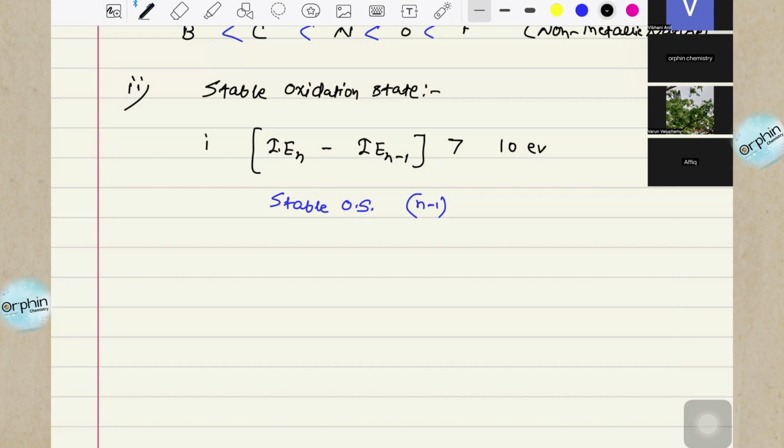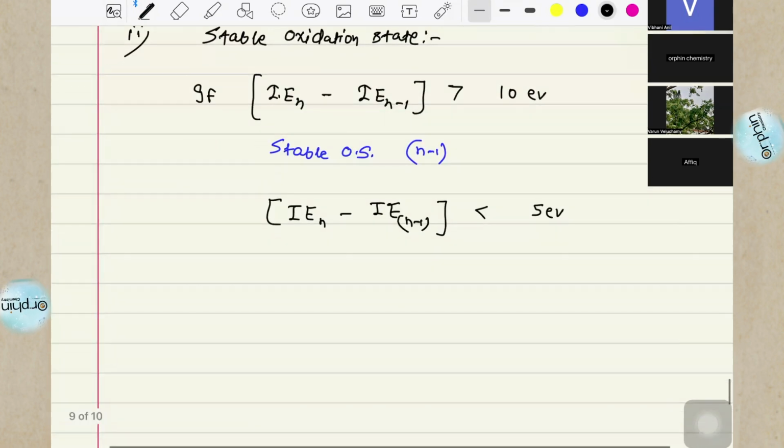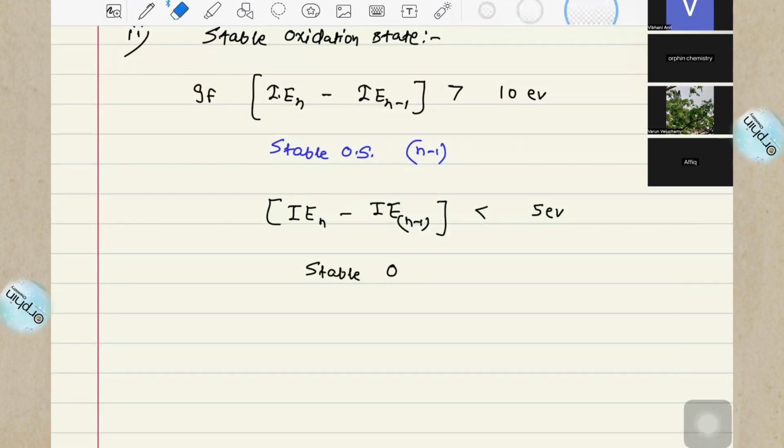Second scenario: if ionization energy n minus ionization energy n minus 1, this gap is less than 4 electron volt, then the stable oxidation state is n.